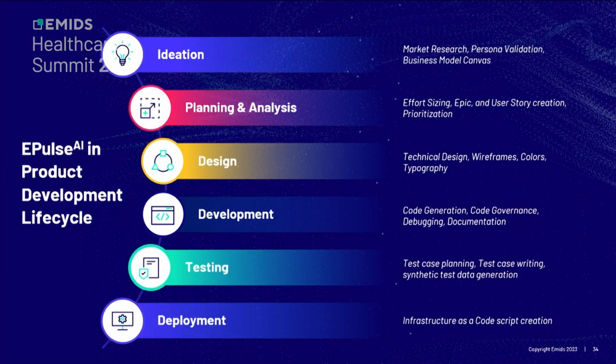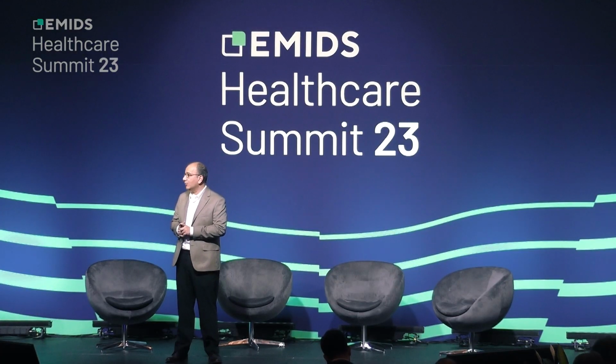And what we have done is we have created a platform called ePulse, ePulse AI, that works on top of these tools. It's an abstraction layer that gives you enough guardrails, has enough security, usage patterns, and a proven prompt library that allows development teams to do ideation, development, and the QA part of it.